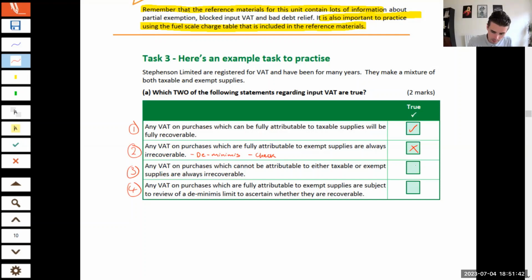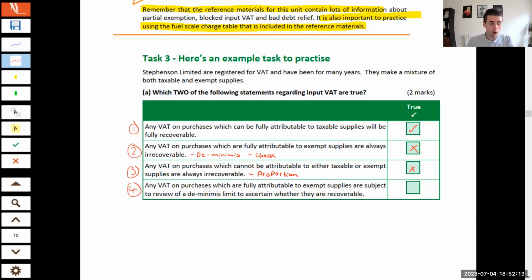That statement is false, because what we will do is look at this information and say, okay, when we're looking at these purchases, what proportion of it does relate to taxable supplies? What proportion relates to exempt supplies? So I could split it as is needed. That little flow chart on page 99-ish shows this. It goes in, I can split it into two, recoverable and irrecoverable, okay?